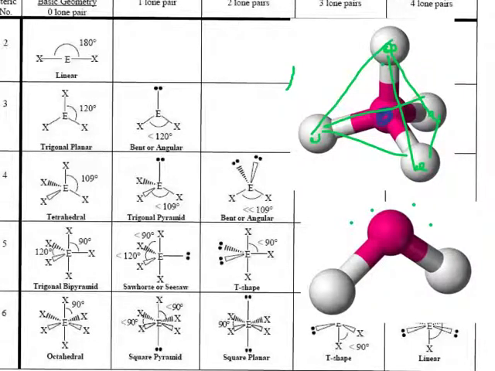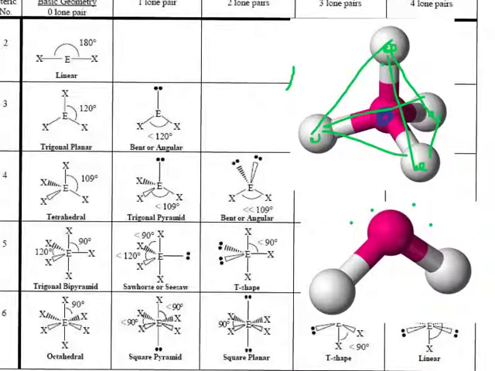So the steric number of this thing has 2 bonded pairs and 2 lone pairs, and the steric number is 4. But this time, the number of lone pairs on our chart is 2. Therefore, this particular shape is going to be bent.